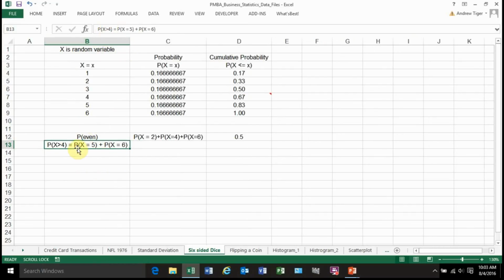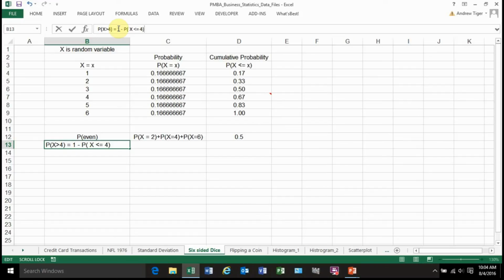When you see greater than or equal to, what's the probability that x is greater than or equal to 4? We can rewrite this using a cumulative probability, because the total probabilities have to sum to 1. If we're looking at one side of 4, we can say that that's also equal to 1 minus the probability that x is less than or equal to 3. The probability of getting 4 or bigger is 1 minus the probability of getting x less than 4.